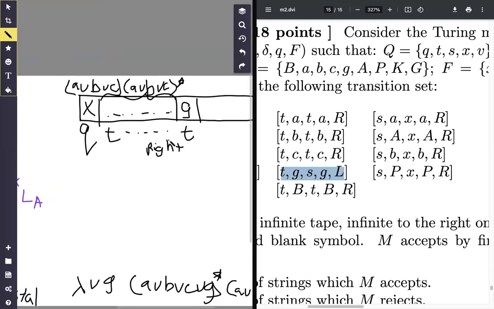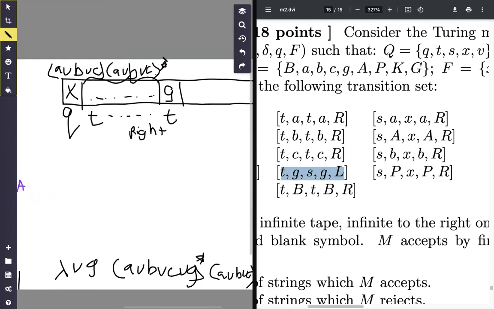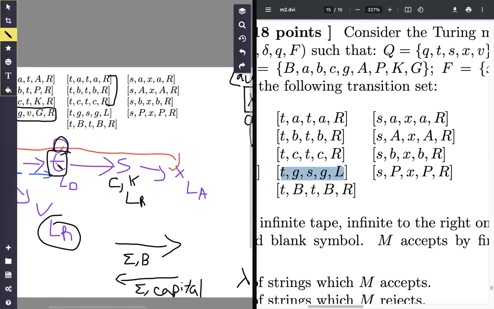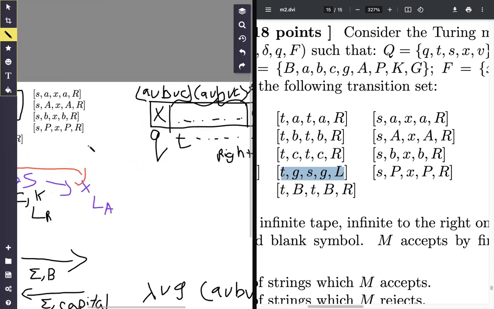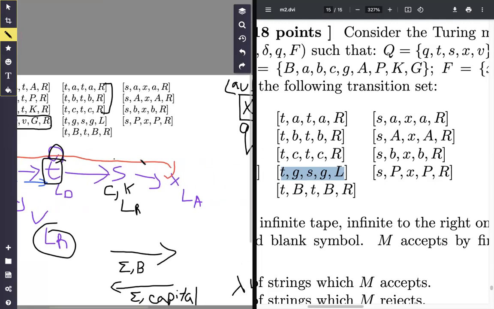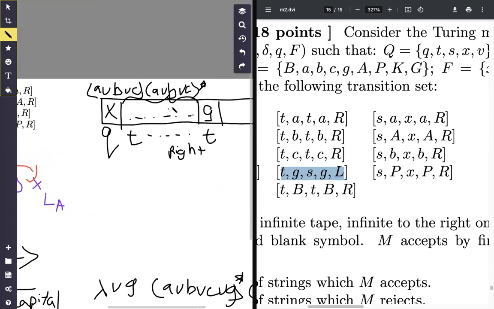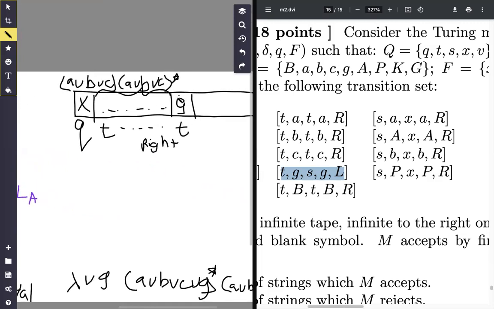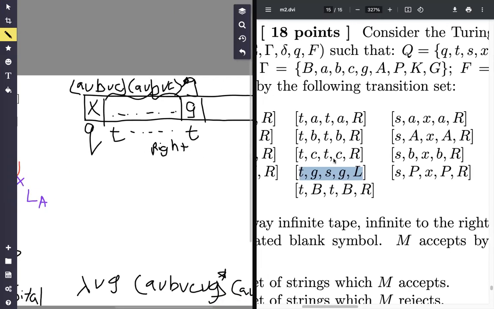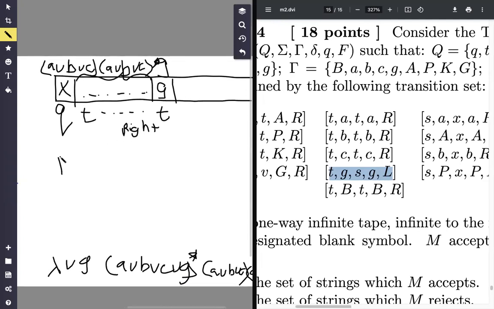This part was how I got to state T. So up until now, should be good. I was in state Q, I saw some capital letter. I don't know if the capital letter mattered. I kept moving right because it was an A, B, or C star, and then eventually I saw this G. This G was mandatory in order for me to go from state T and do this transition to take me to state S.